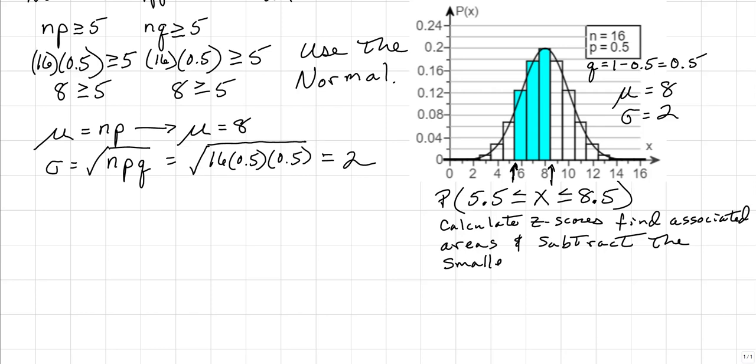But like I said, we're going to use technology. And the reason I want to use Statcrunch is that I can put the two calculators basically side by side, and I can look at what they're doing or how they compare.